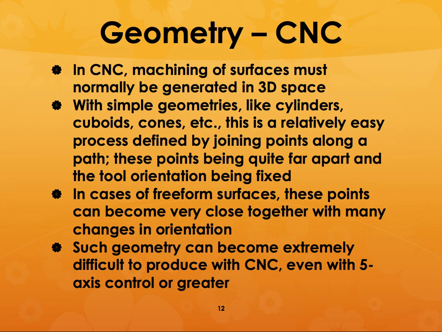But if you have free-form surfaces, there can be a lot of changes in orientation, and it can become extremely difficult with CNC, even with 5-axis control. So the cost of your CNC machine goes up exponentially.